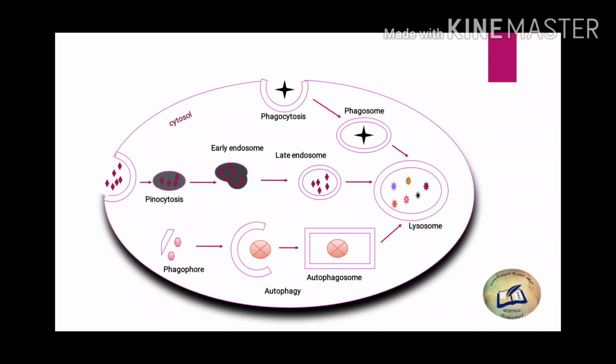And the last process is autophagy or the suicidal process, in which the phagophores, see the phagophores here, the small particles which are to be digested, are totally enclosed within a double membranous structure.